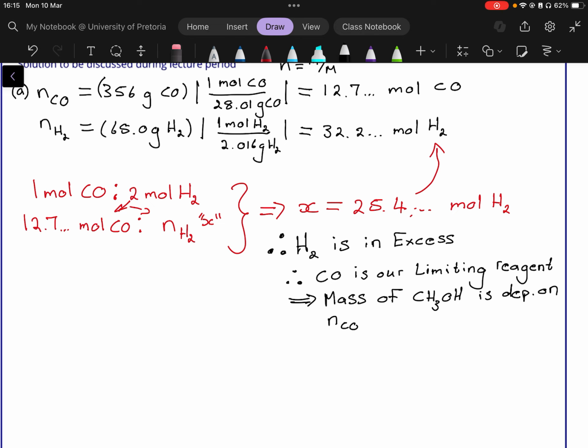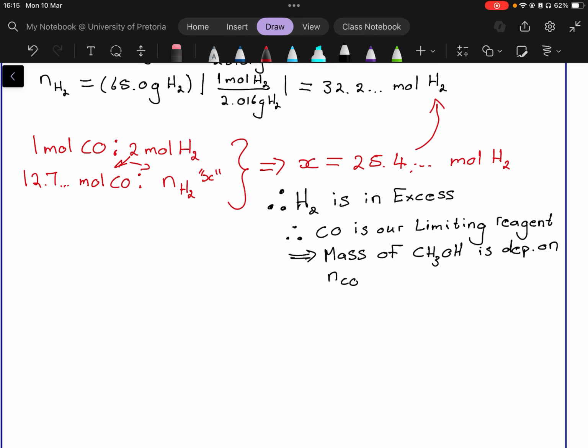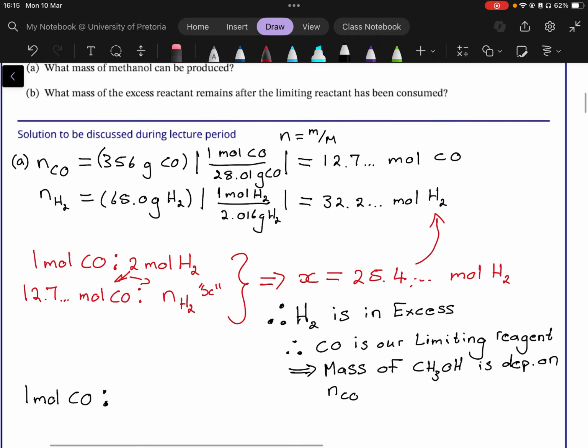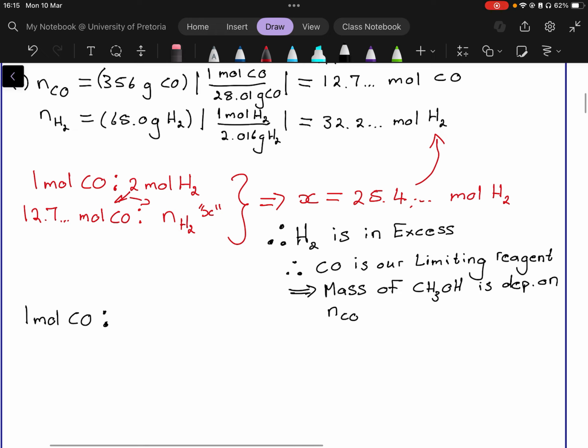All right. So the next important part is we need to look at the mole ratio between our limiting reagent and our product. And we see that is 1 to 1. So 1 mole of CO produces 1 mole of CH3OH.